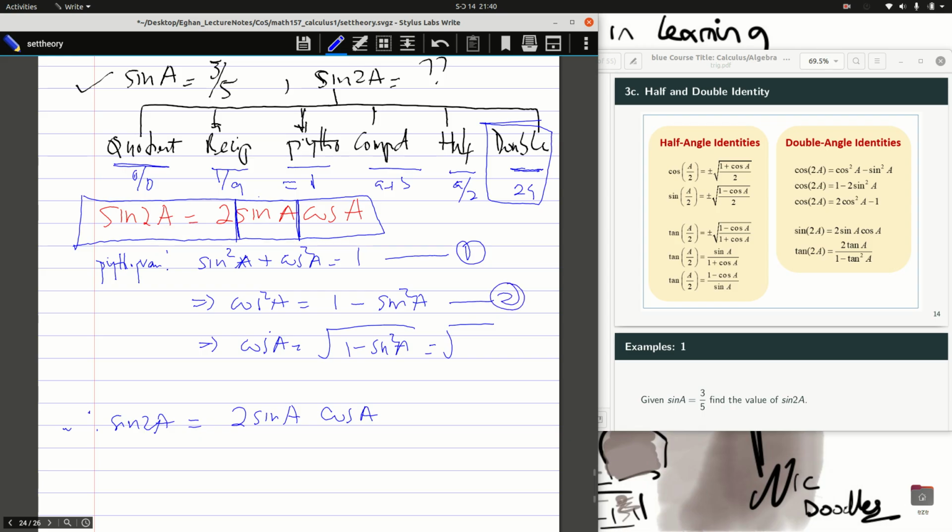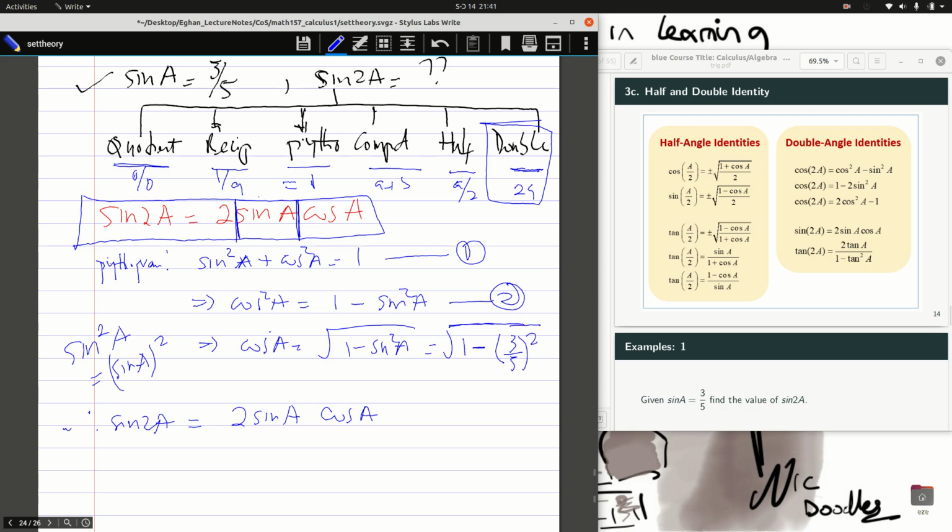I have equation 2. And hence cos A becomes the square root of 1 minus, again I told you in trig, sine square A is the same as sine A all square. So I have 1 minus 3 on 5 all square.